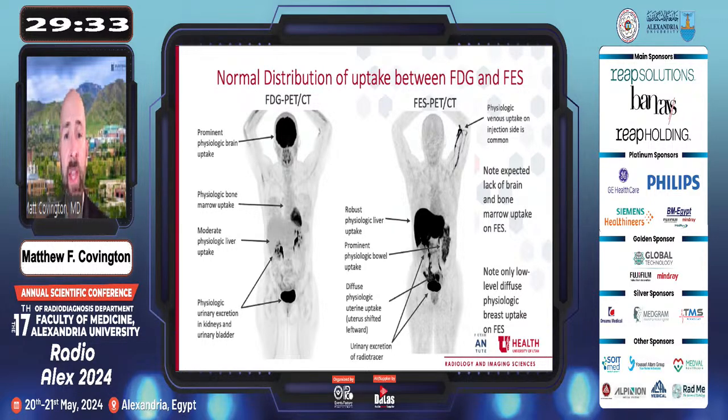If you saw that endometrial or prominent uterine uptake in a postmenopausal woman, that might be an indication for something like a pelvic ultrasound. But in people who are premenopausal, most readers of FES that I've discussed with generally consider that to be physiologic as long as the uterus and endometrium appear anatomically normal.